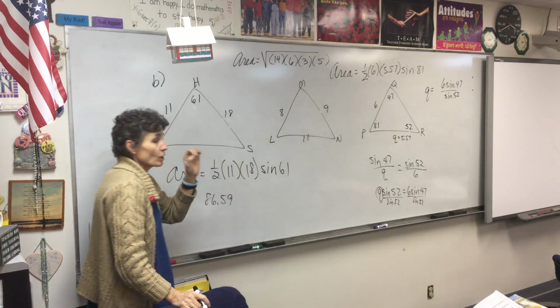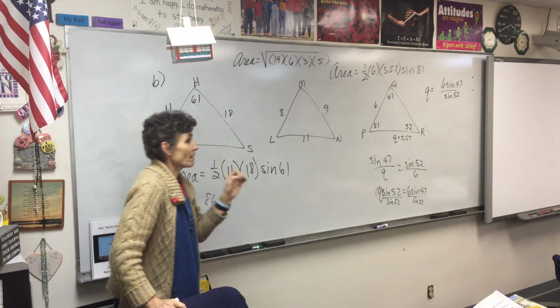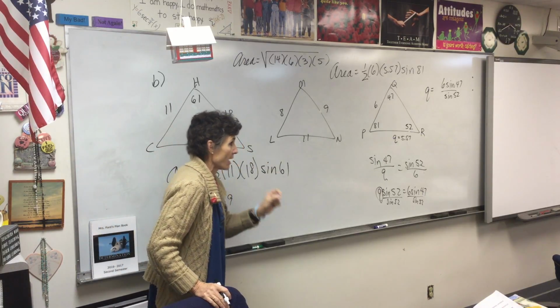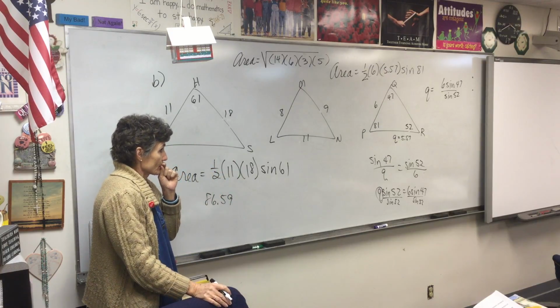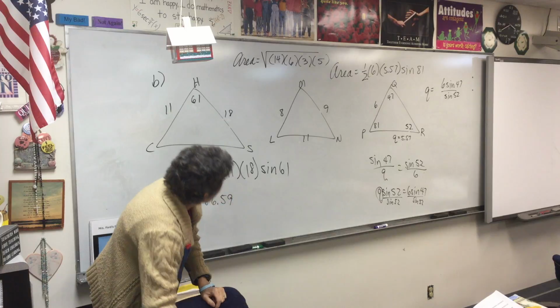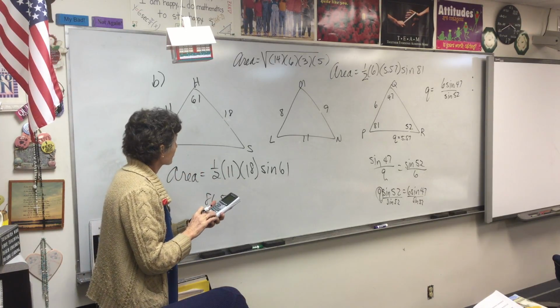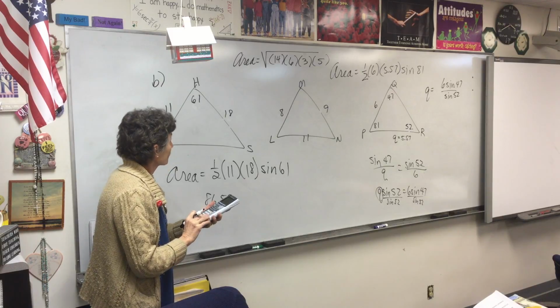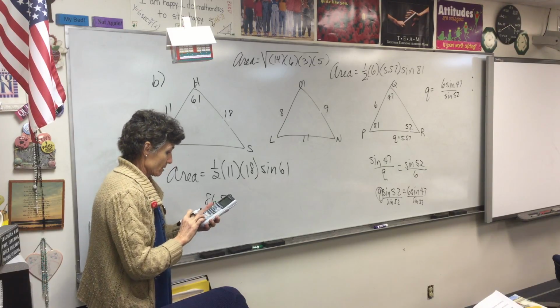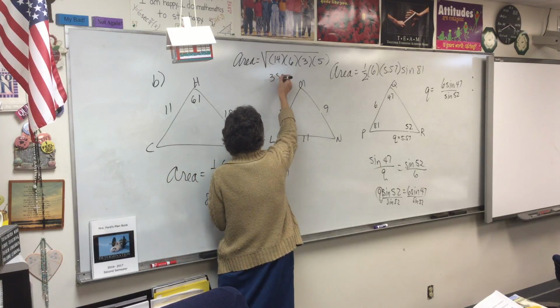Under the radical goes the semi-perimeter, and then the semi-perimeter minus each side. Then we just multiply them all together and take the square root. And I got 35, basically 35.5.